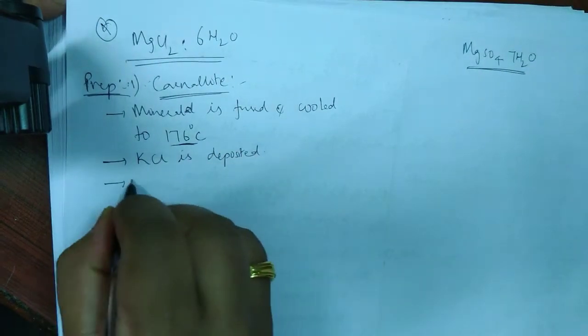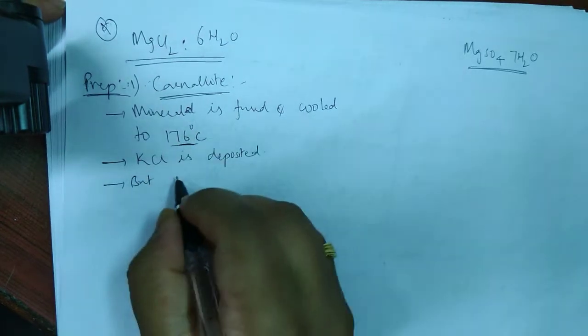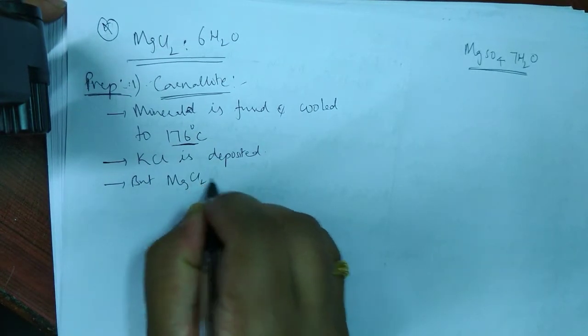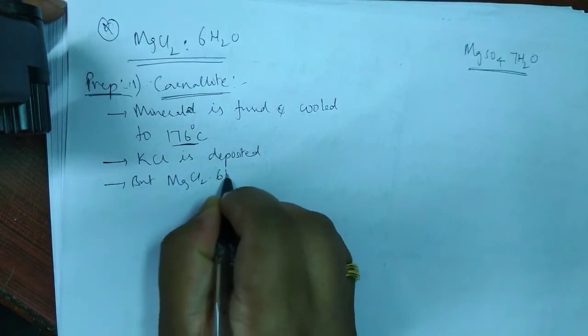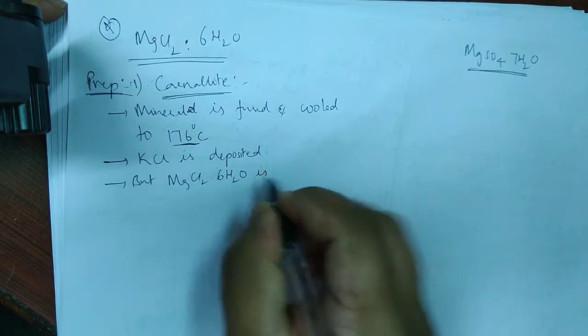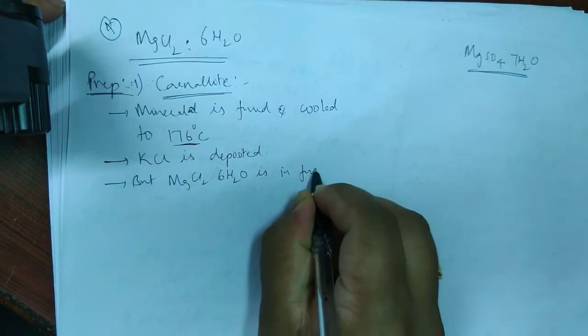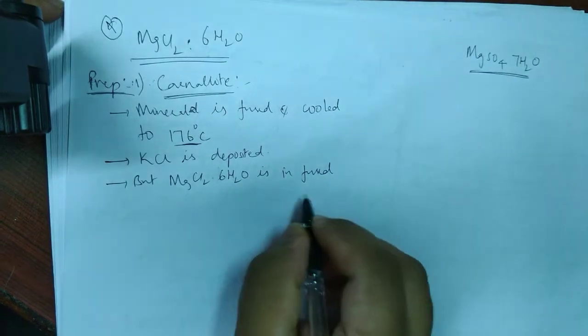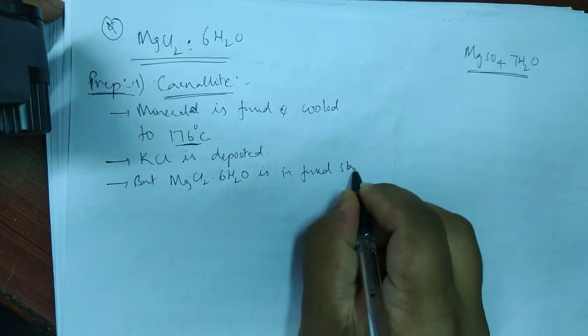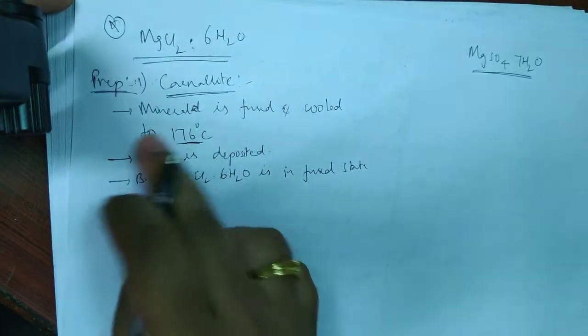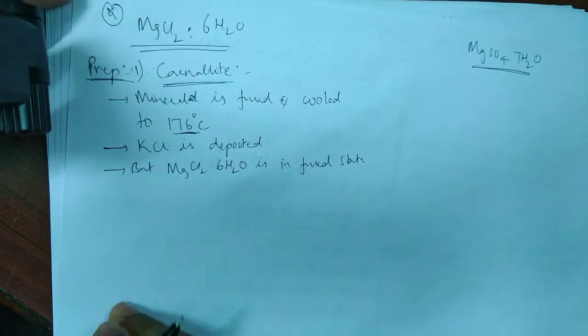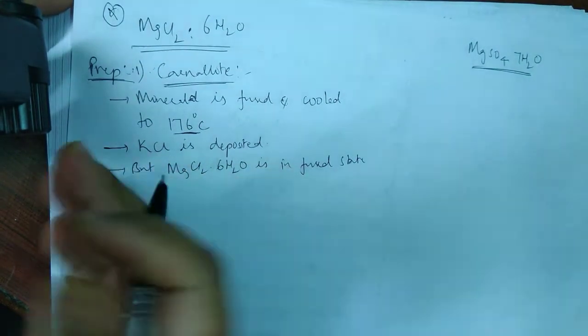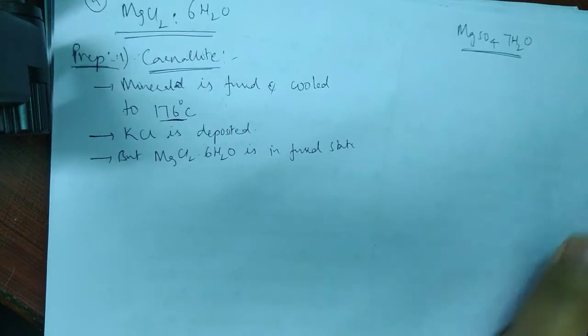But the MgCl2.6H2O, along with the water molecules, stays in the fused state. So at the container bottom you can find the KCl and easily remove it.